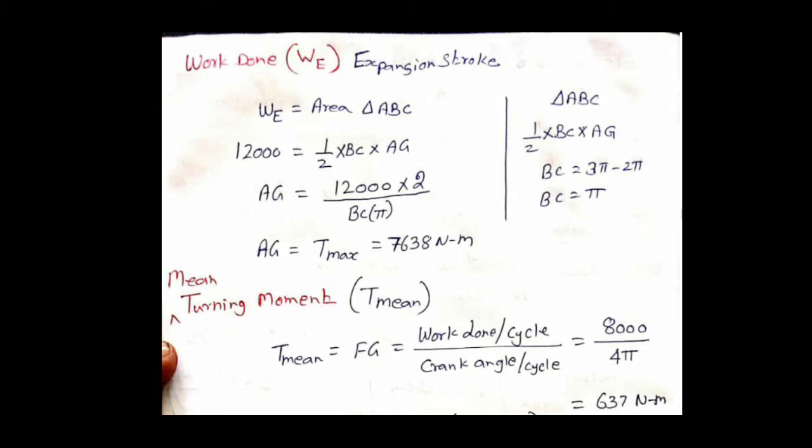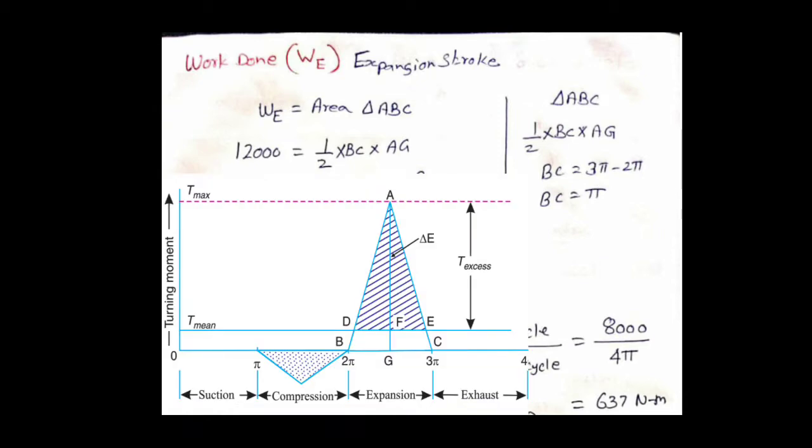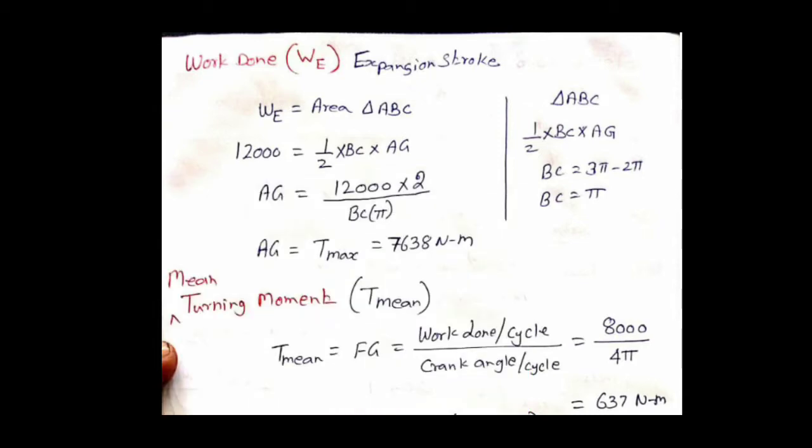Now we try to find the value of the mean turning moment, T mean. T mean is AF. AG we identified; we try to find the value of AF. AF is AG minus FG. So there are two ways of approach.